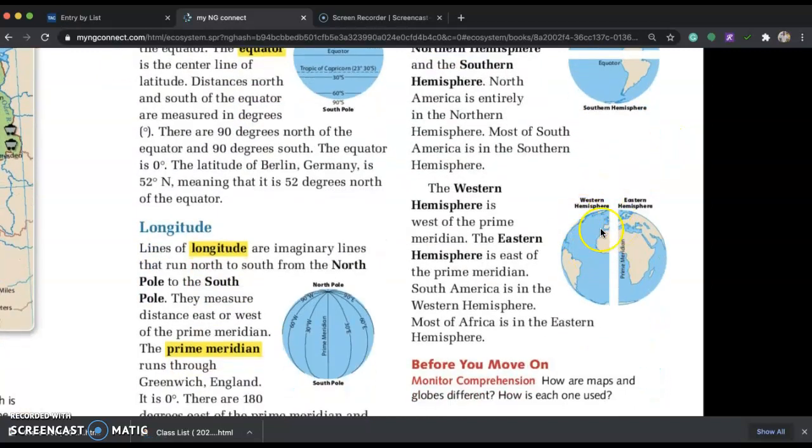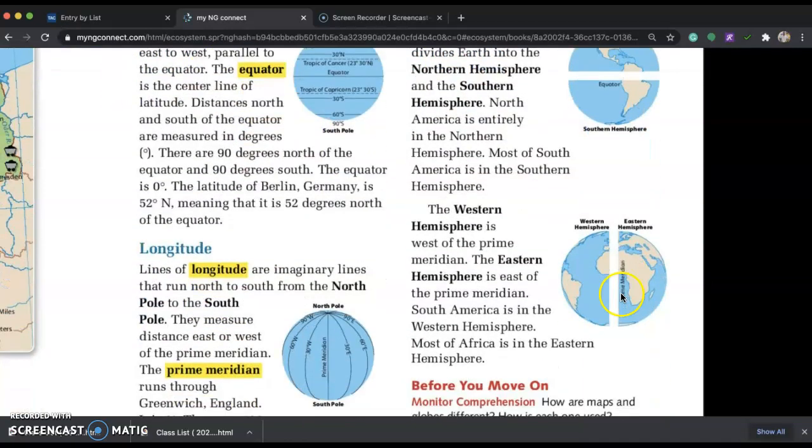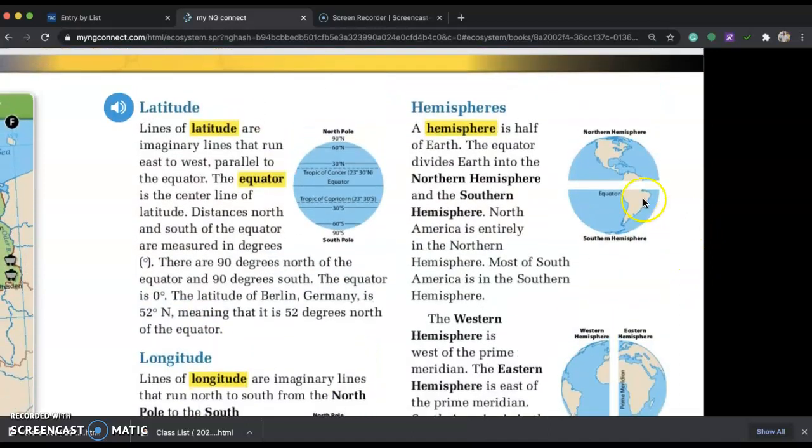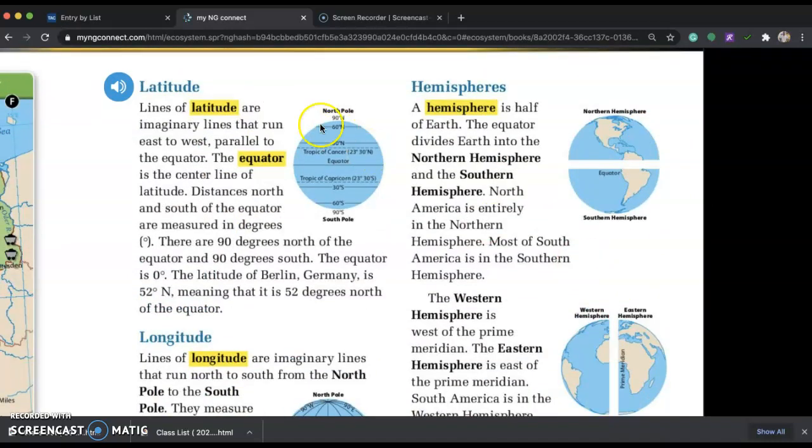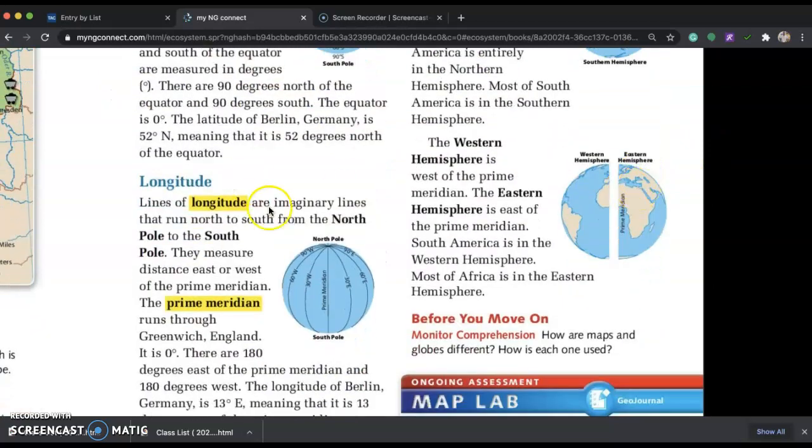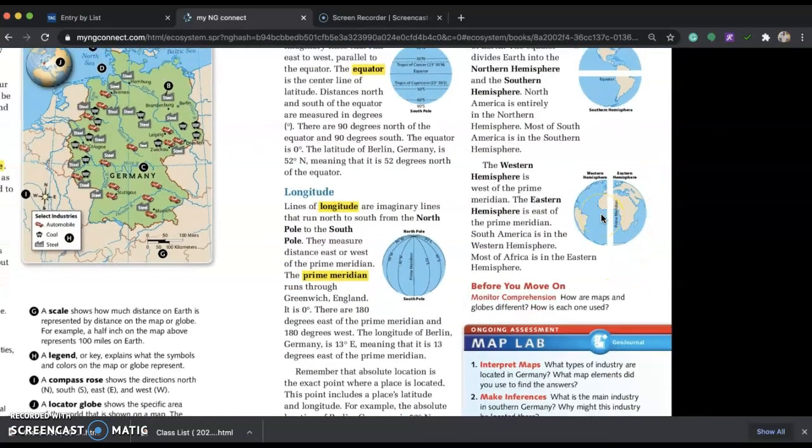And likewise, cutting our world in a different way, vertically, the western hemisphere is to the left, and the eastern hemisphere is to the right. So this is cutting it horizontally. This is cutting it vertically. Just like latitude cuts it horizontally and longitude cuts it vertically.